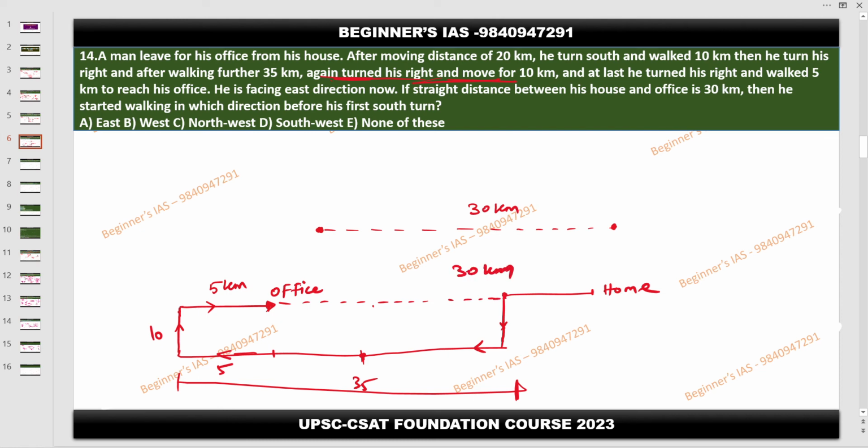People, check. What is the question now? In which direction did he start, before taking the south? West. Answer is B. Anybody having a doubt? Yes, sir.